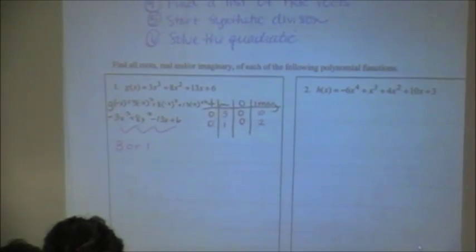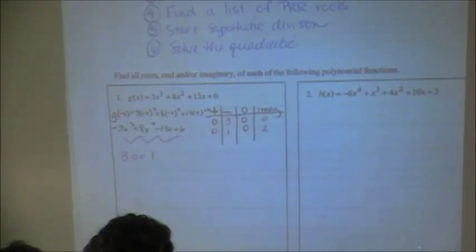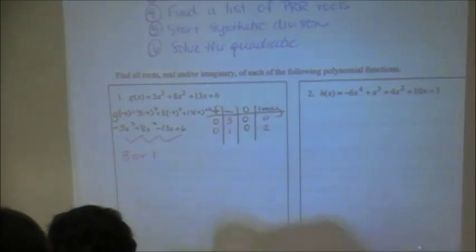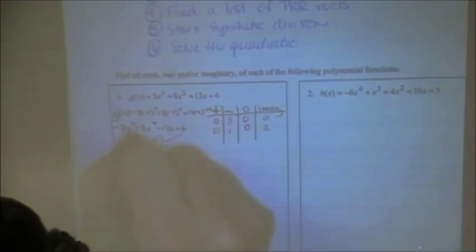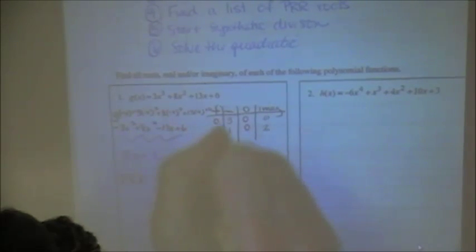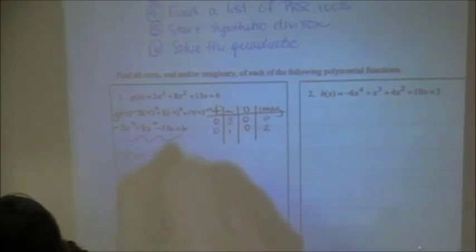Okay, so now this does help us when we make our PRR list. I don't have to bother putting any positive signs, because I don't have any positive roots. So I'm only looking for negative roots here. Okay, so my PRR list, remember, that is factors of the constant over factors of the lead.